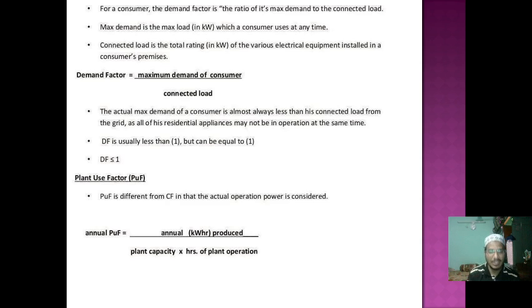I am taking this example so you can understand easily, not saying the exact value. So the production is 10,000 kilowatt-hours, the capacity of the power plant is 12,000, and the hours of plant operation is 3,600.